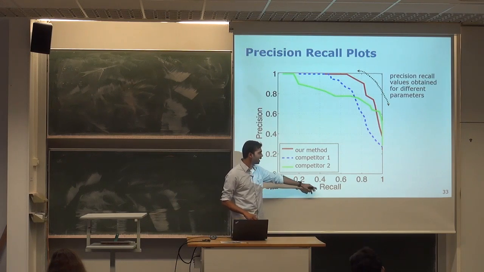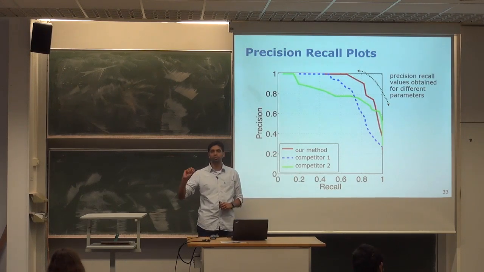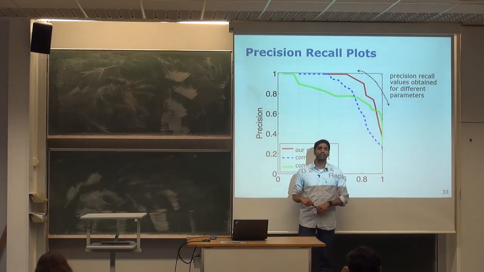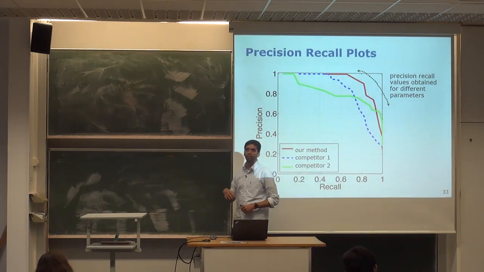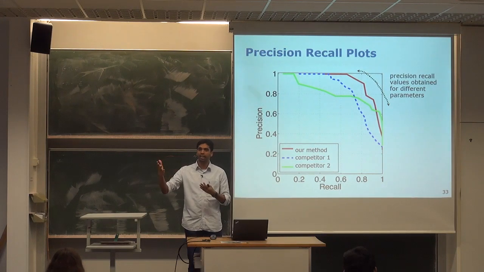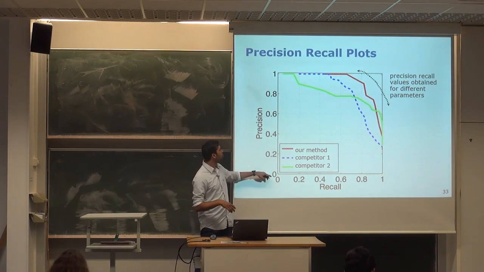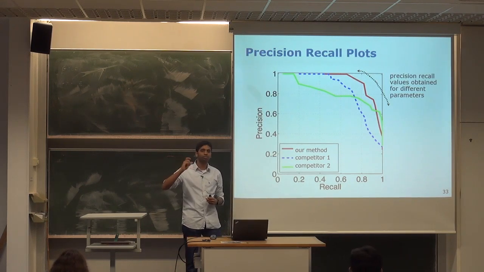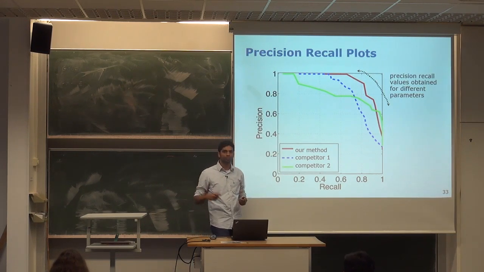On the x-axis is the recall value, which means how many of the cars are actually detected as cars. So if you have a recall of 1, it means that all the cars that exist in your data, you actually determine that they are cars. Whereas on the y-axis is the precision, which is how many of them were actually cars, right?